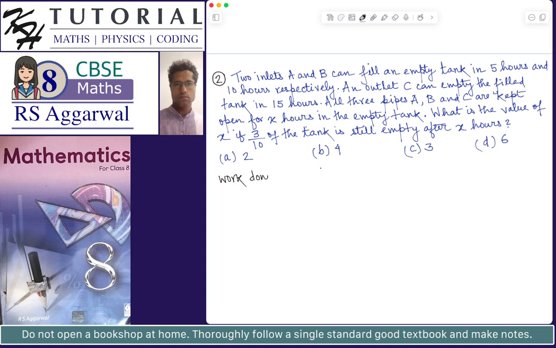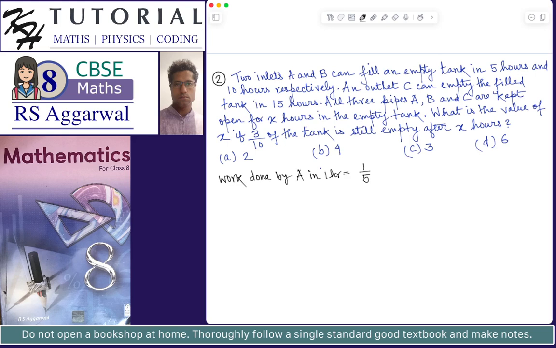Now, work done. Whenever I am writing that work done by A in 1 hour is equal to, in this problem it will be 1 by 5. If it is confusing or hard for you to understand that work done by A in 1 hour is 1/5, you can consider it as 1/5 of the tank is filled by A alone in 1 hour.